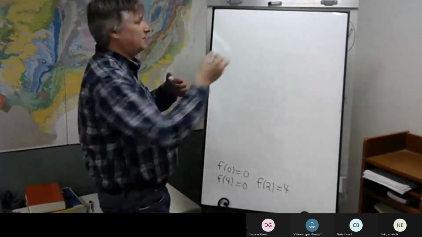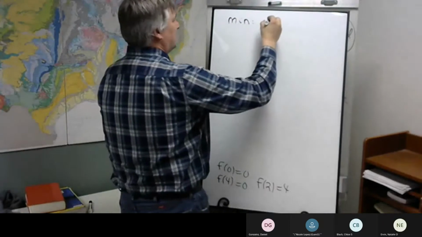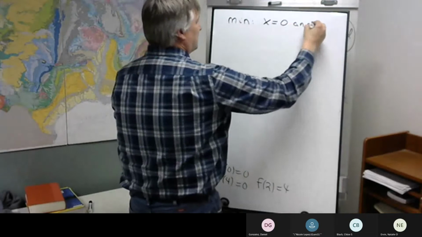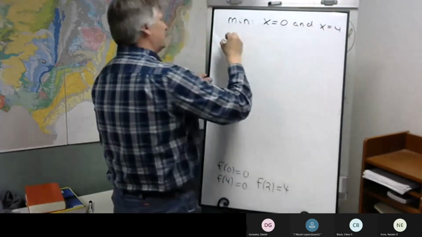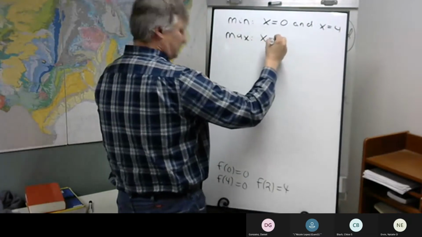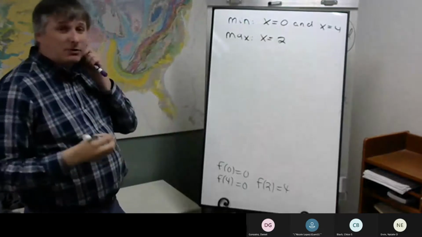So what we get is this. We have minimums, and this is going to be x equals 0 and x equals 4, and then a max at x equals 2. And so that's where we locate them.